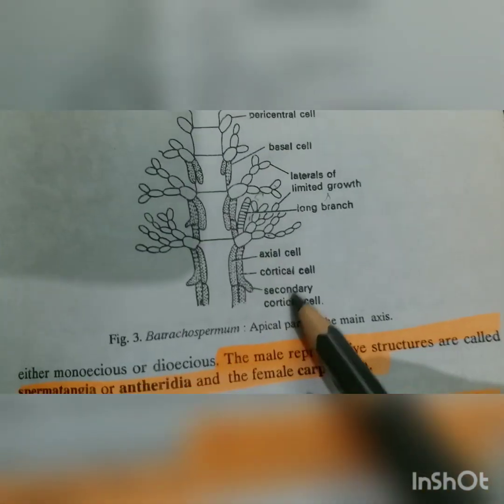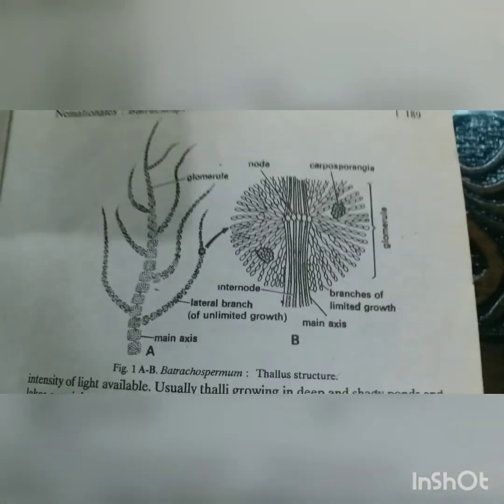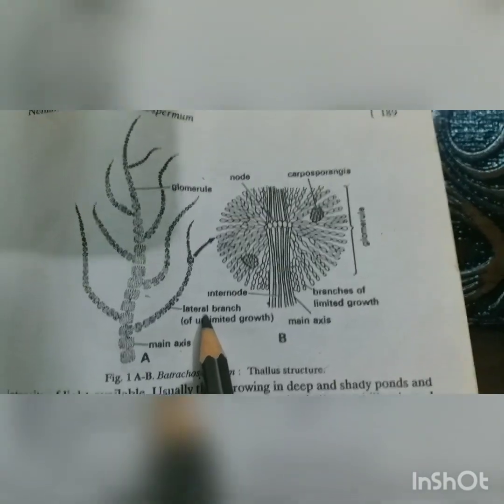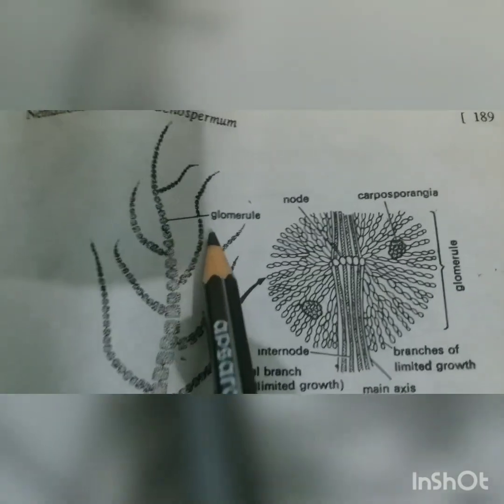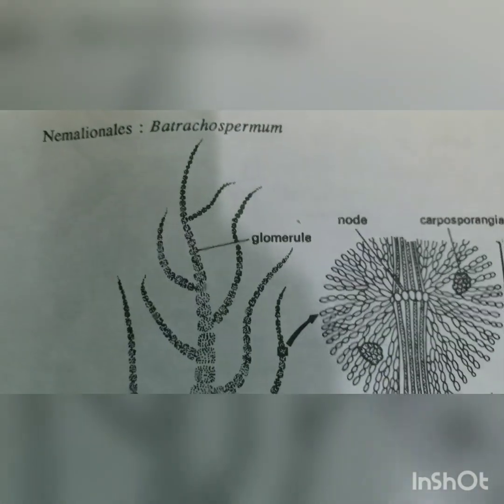The limited ones together form a structure called glomerule, right?